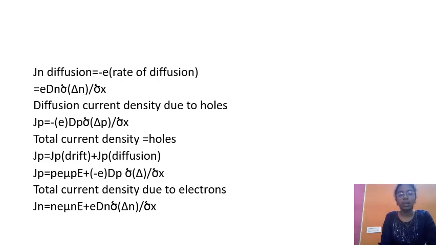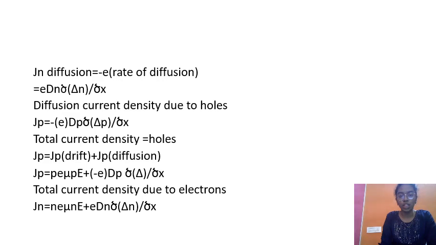Diffusion current density due to holes: Jp is equal to −e Dp ∂(Δp)/∂x. Total current density due to holes is Jp equals Jp drift plus Jp diffusion. Jp is equal to p e μp E plus (−e Dp ∂(Δp)/∂x).